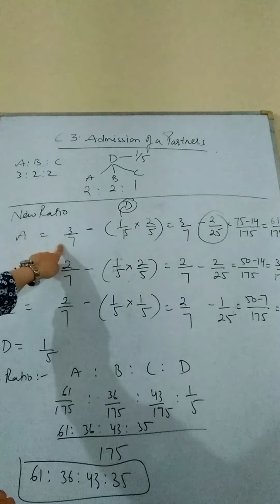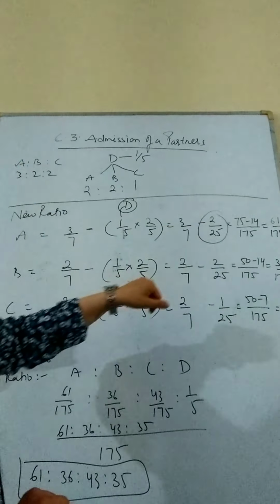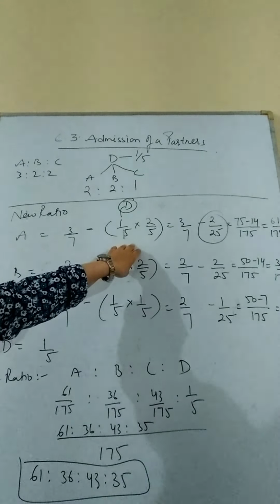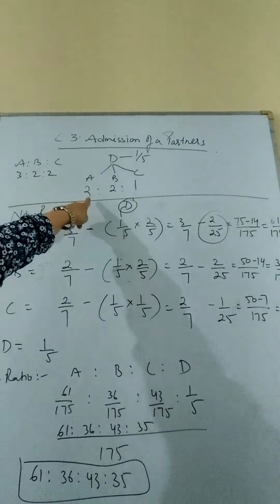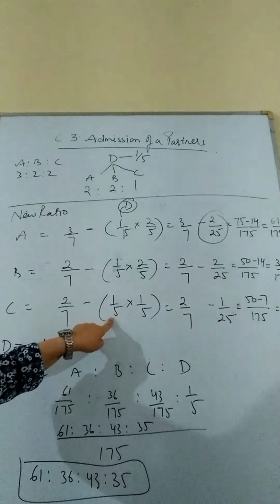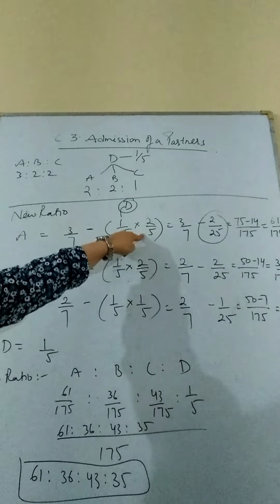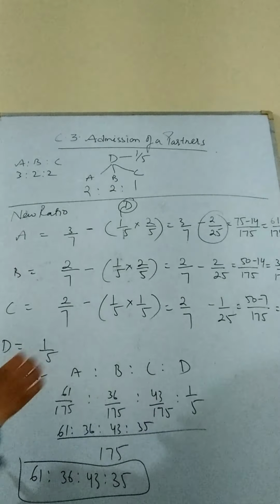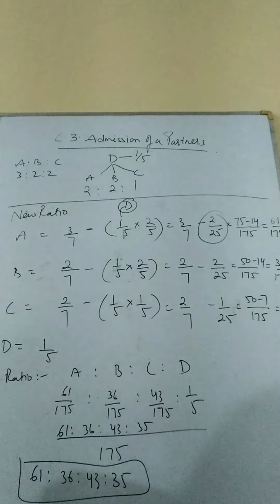So 3/7, which is the old share of A, minus 2/25, which he has given to D. I hope this is very clear and understood. 1/5 is the share of D, which he acquires in the ratio 2:2:1. 1/5, 1/5, 1/5, in all the three partners we have written 1/5. And how he is acquiring is 2/5, 2/5 and 1/5. So that we get this fraction which we can minus from the old shares.